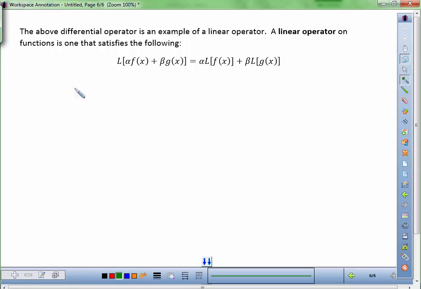If I was to take the derivative, it is a linear operator, clearly. We just said that in the previous page, except we call it the D operator now instead of the derivative, but it's the same thing. So if I have 3 times, I don't know, I need a function, sine x plus 7 times ln x.